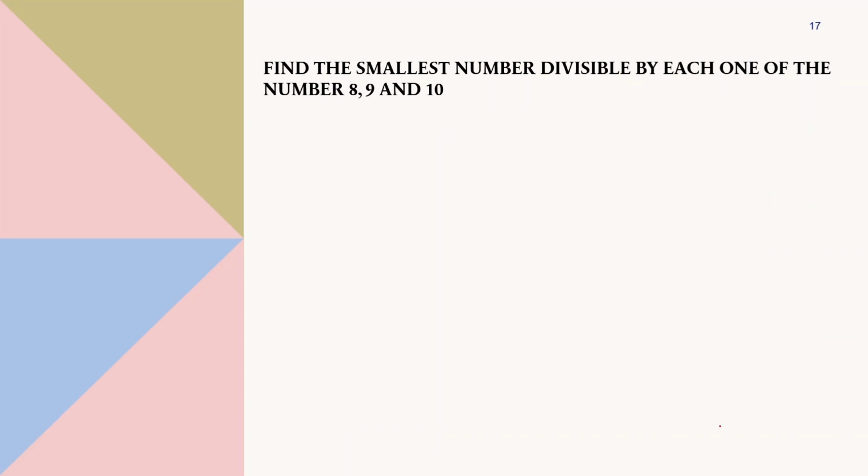Moving to next question. Find the smallest number which is divisible by each number. Smallest we can say least also. So these are the keywords used for LCM. First we will find out the LCM of 8, 9, 10. 2 4s are 8, 9 is not divisible, 5.